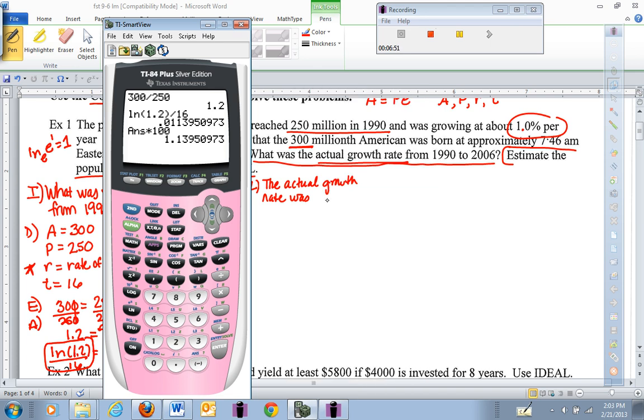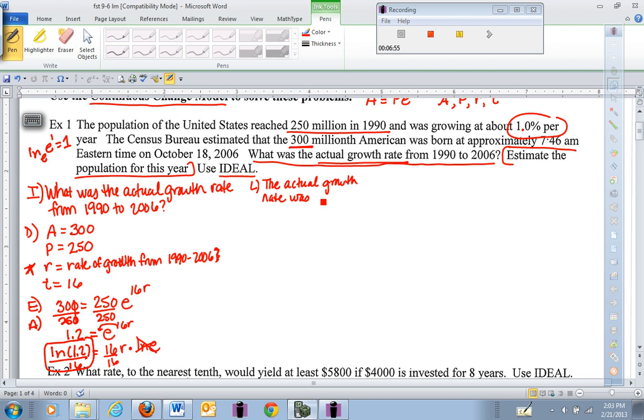That might be more accurate. 1.1395%. Period on the end. Okay? So that's what the actual rate was more like.